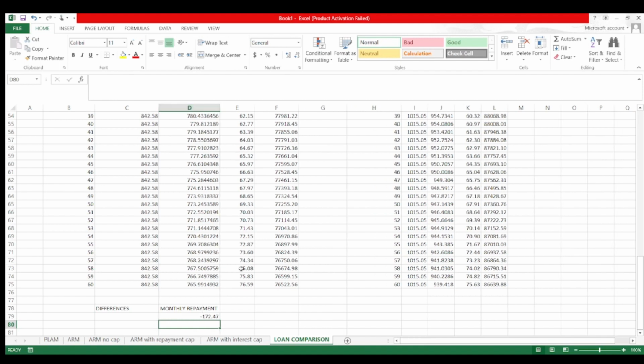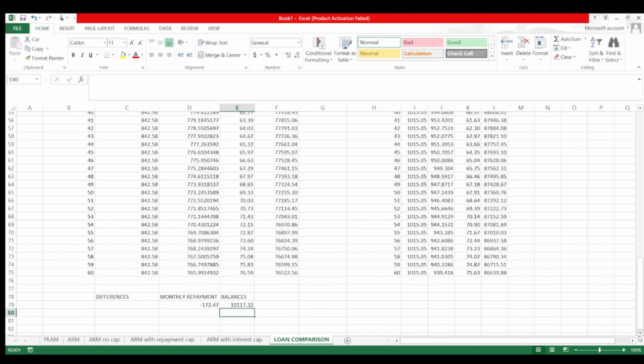Well, that's the difference in the payments. And then you also look at the difference in the balances. So at the end of 5 years, the difference in the balances is, take this amount, less this. You can see it's 10,117.3.